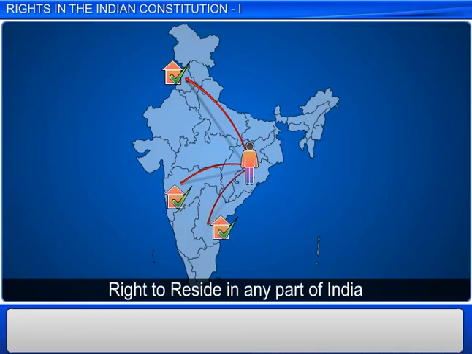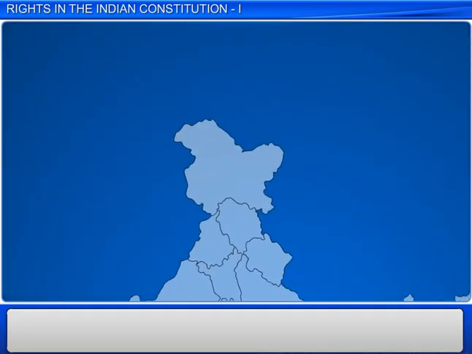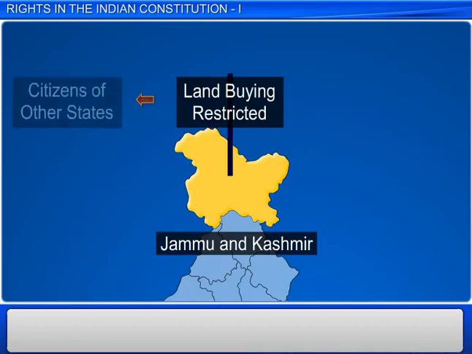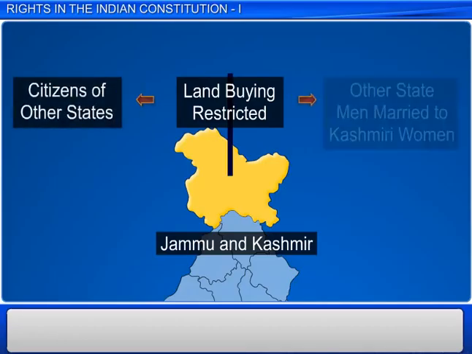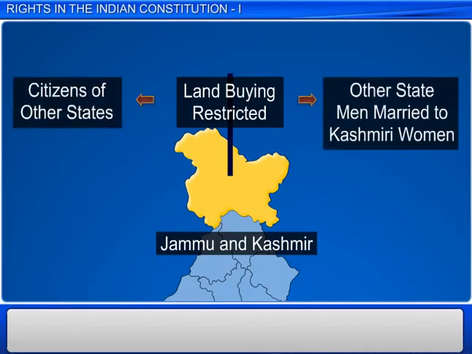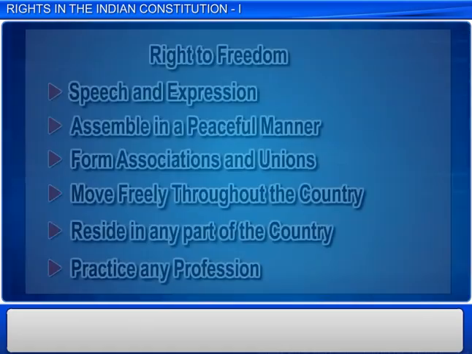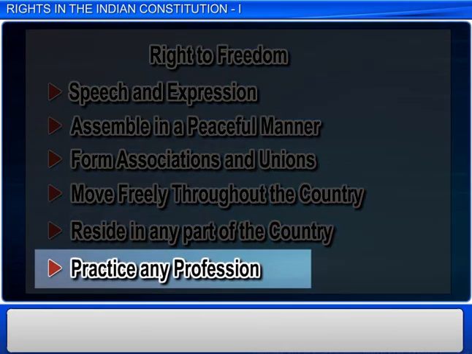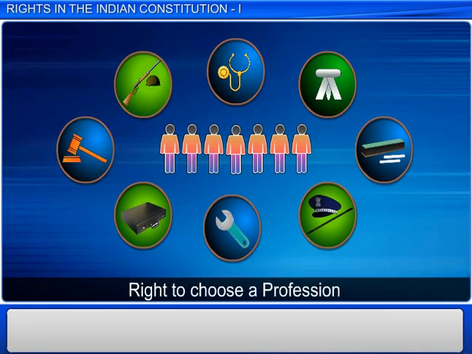However, in the interests of the general public, citizens from other states and Kashmiri women marrying men from other states are restricted from purchasing land or property in the state of Jammu and Kashmir. Every citizen of India is also free to choose the profession he or she wants to follow.